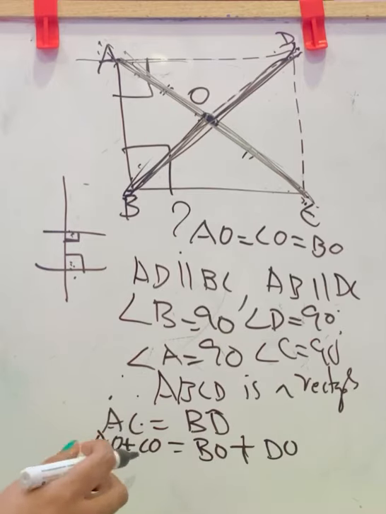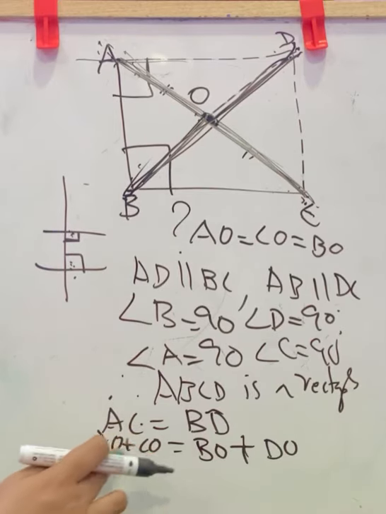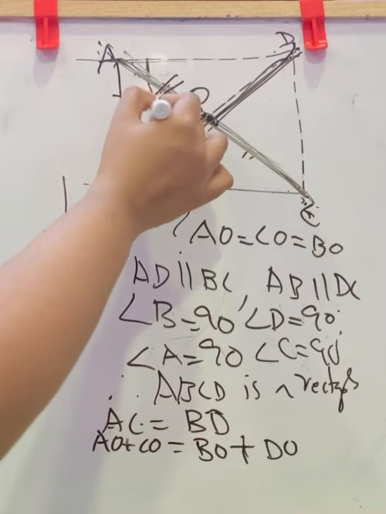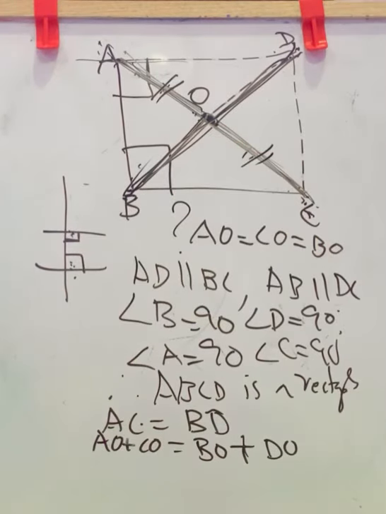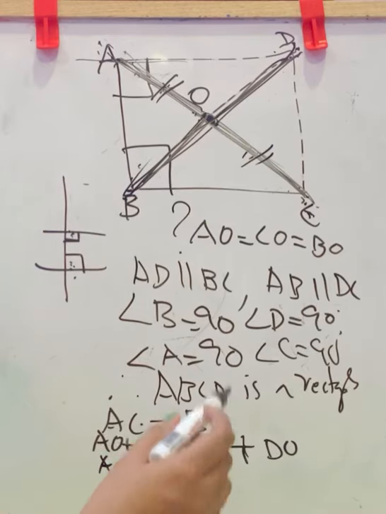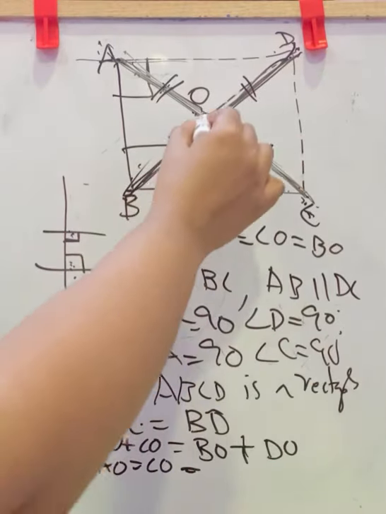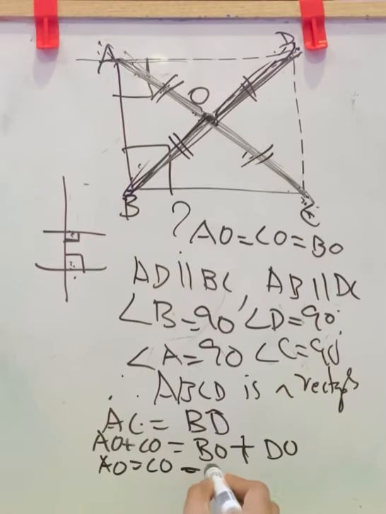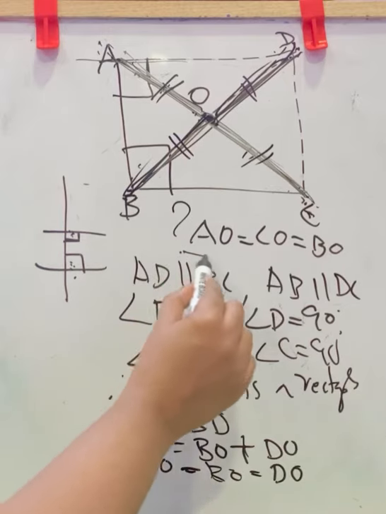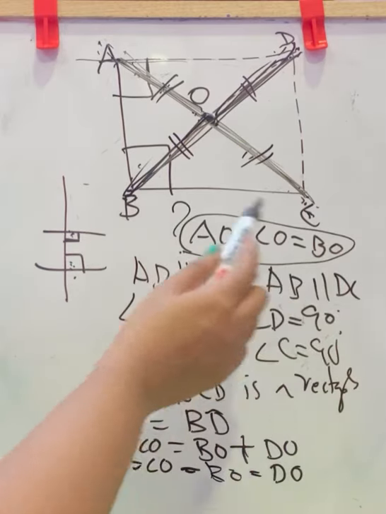In a rectangle we know these two lengths AO and CO will be equal because the diagonals bisect each other. The diagonal is a bisector also. So the length AO equals CO, and BO equals DO because this is also a bisector of the diagonal. We have to prove that AO equals CO equals BO.